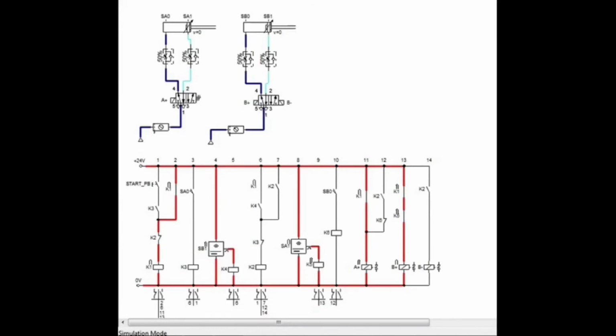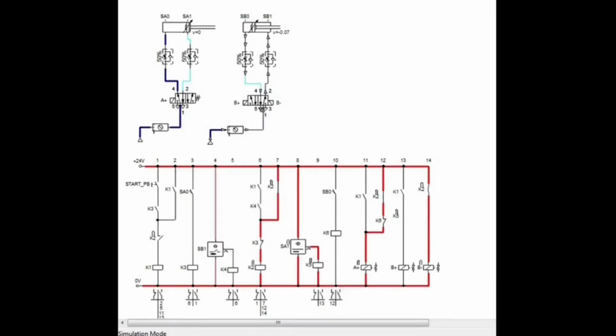B plus at the 5 to 2 way valve will actuate and allow airflow to extend cylinder B. When cylinder B is fully extended, proximity sensor SB1 will activate. K4, which represents SB1, will allow current flow and activate K2, and K2 will hold the circuit.